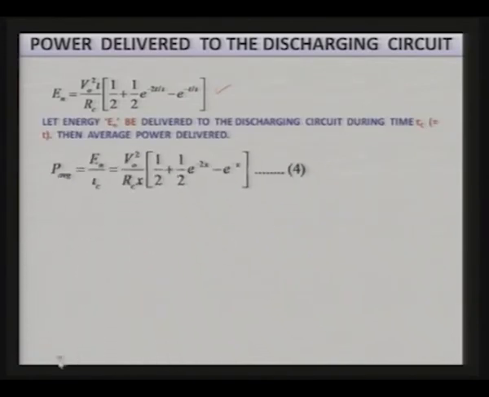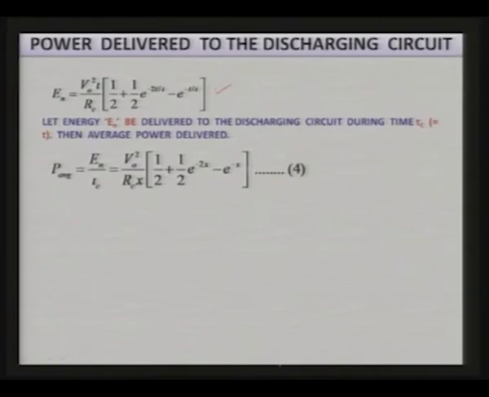Now, let energy E n be delivered to the discharging circuit. This discharging circuit is the one where tool and workpiece are connected, they are in the machining zone.